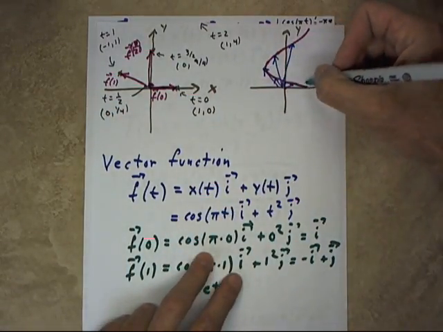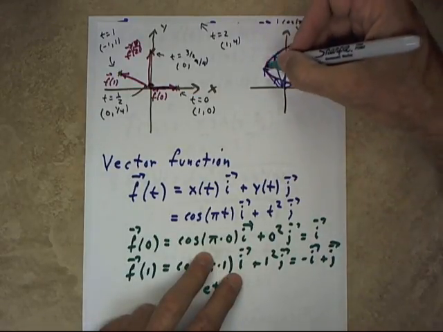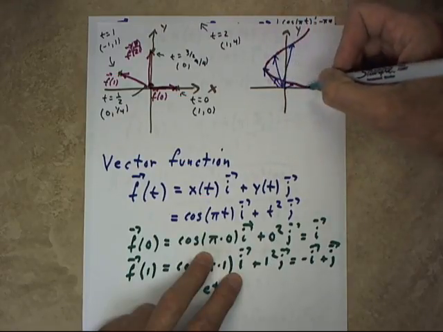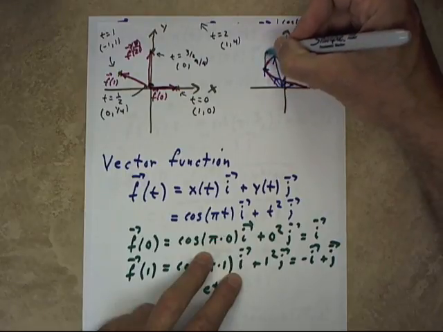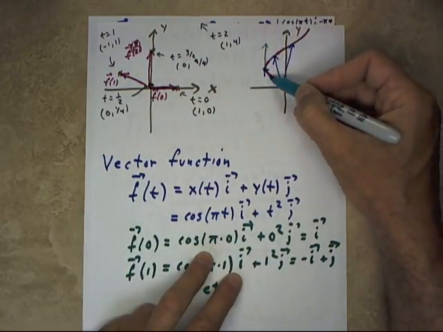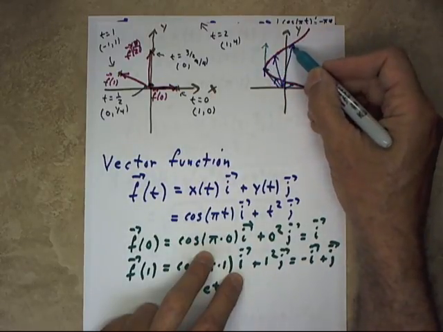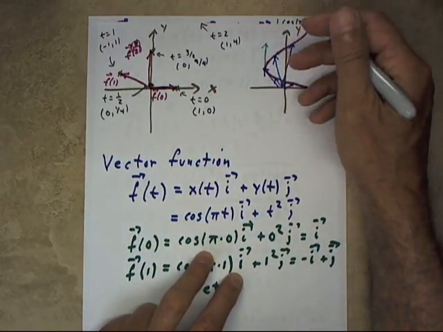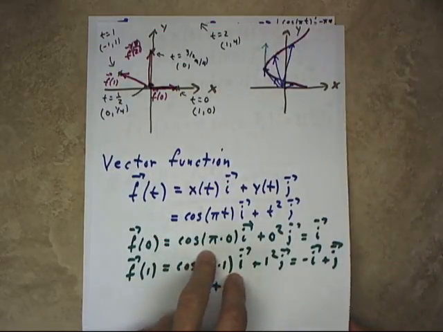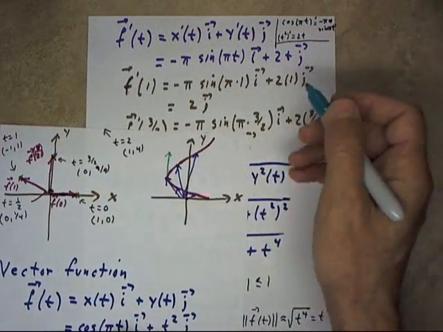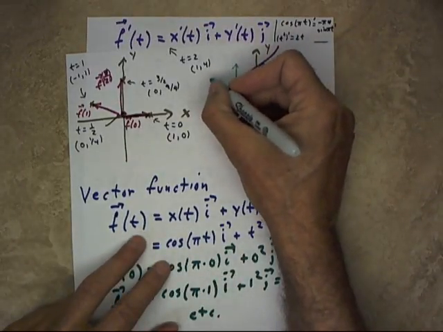How is our direction of motion changing? Well, if we're riding along a roller coaster, at this point we feel like we're moving forward. We see the roller coaster is going to shortly be moving to the right, but at this point we're moving forward, and we have a velocity which could be represented by the length of this vector. It turns out that this vector, f prime of 1, is 2j.